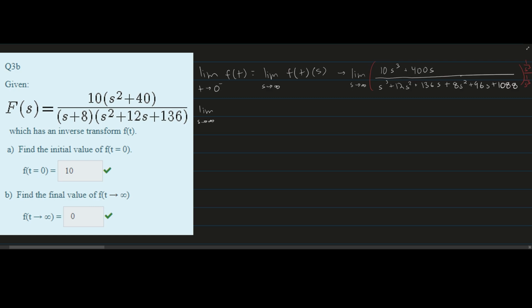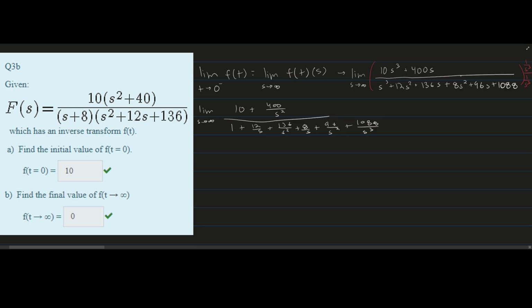In the top, we have 10 plus 400 over s squared, divided by 1 plus 12 over s plus 136 over s squared plus 8 over s plus 96 over s squared, and then plus 1088 over s cubed.